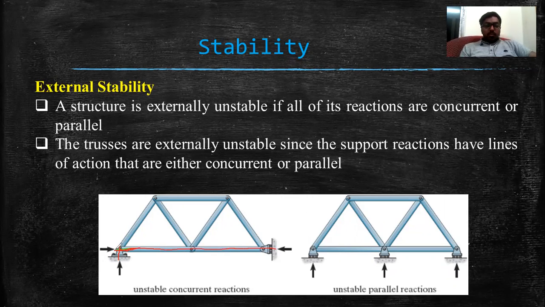So we can see that all three forces are passing through one single point. All three reactive forces are passing through this particular point. That means they are all concurrent, or they may be parallel to each other. So when all the reaction forces are concurrent, the structure will become unstable.